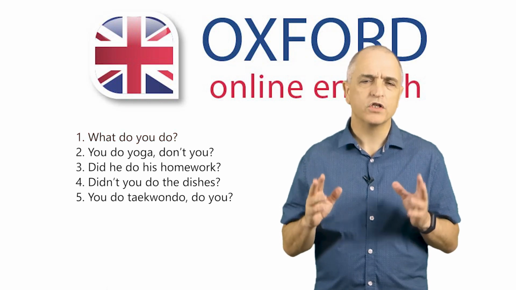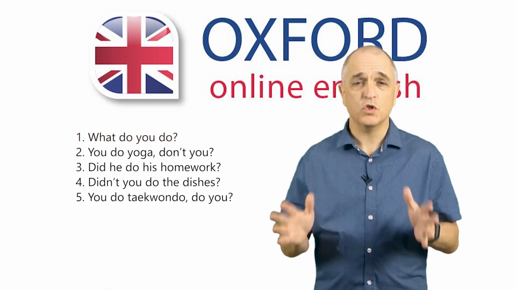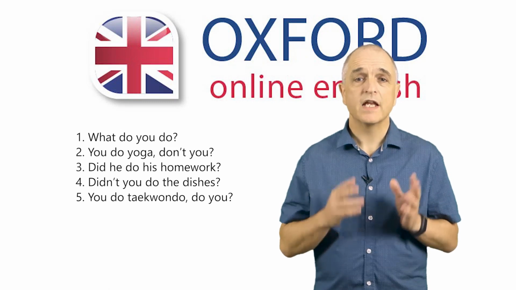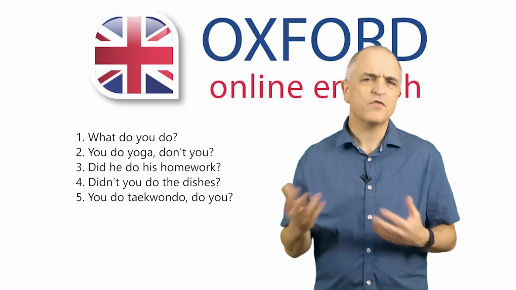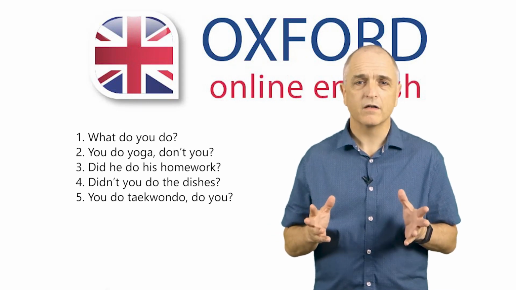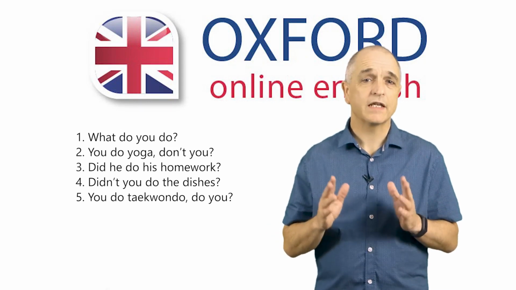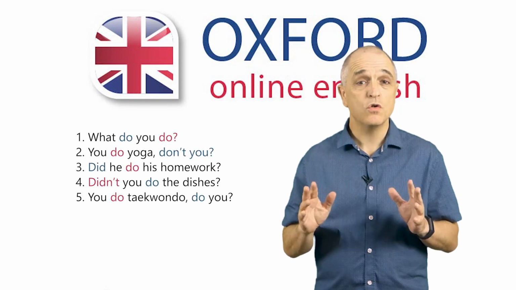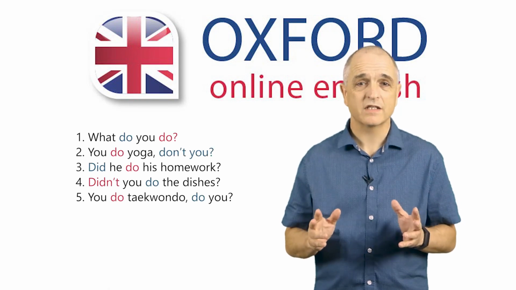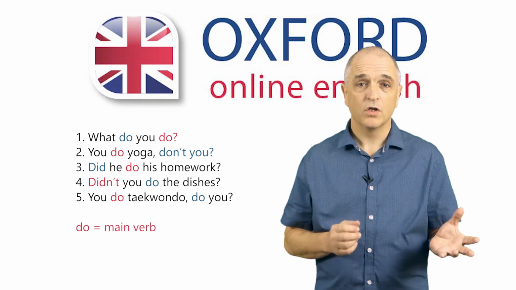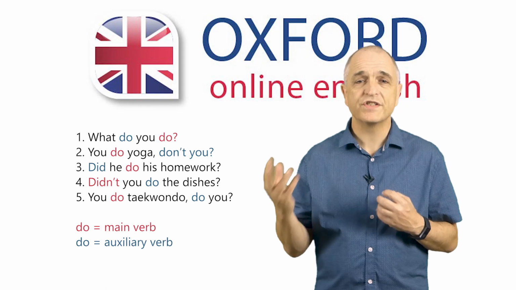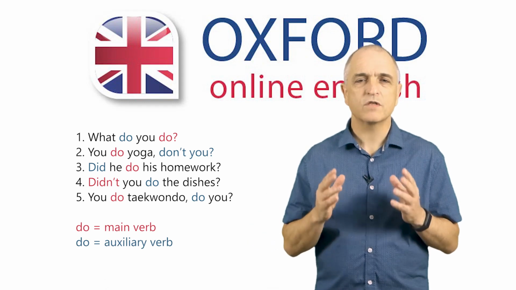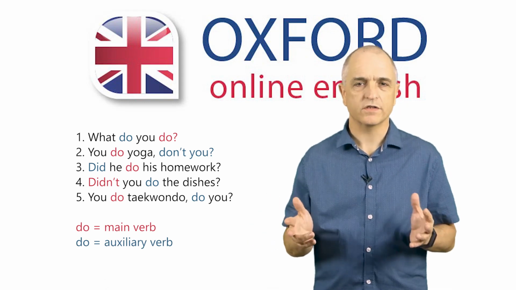In level 1, you saw that you use do to make questions in the present and past simple. There are different kinds of question you can make, but there's another point here. Do can be 2 things. It can be a main verb, which has a real meaning. It can also be an auxiliary verb, which you use to make negatives and questions.